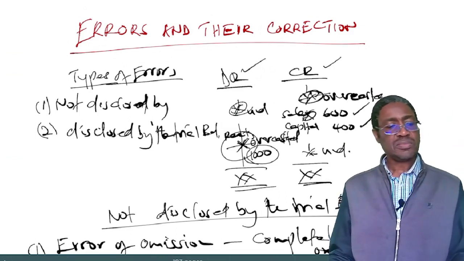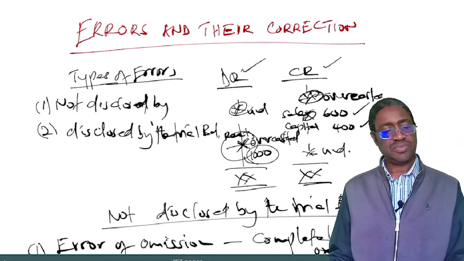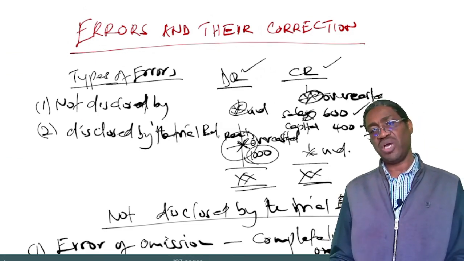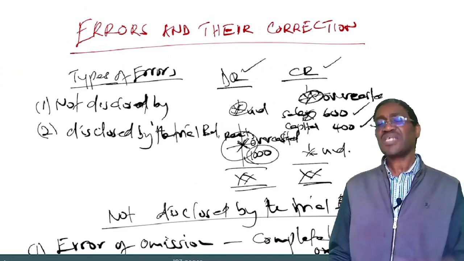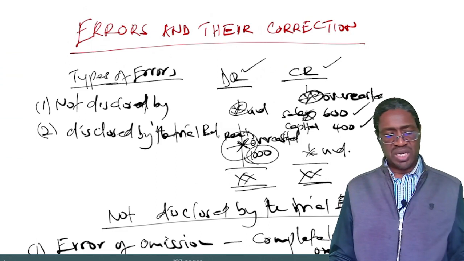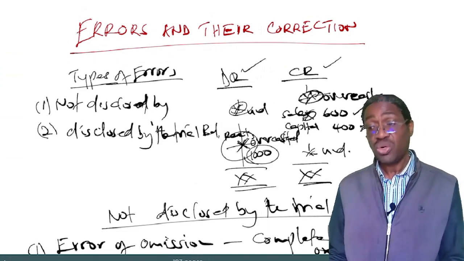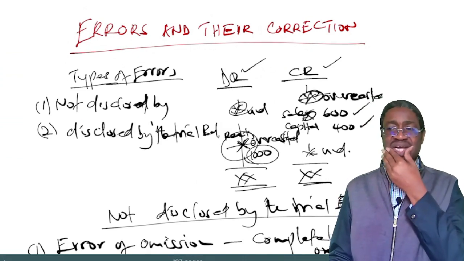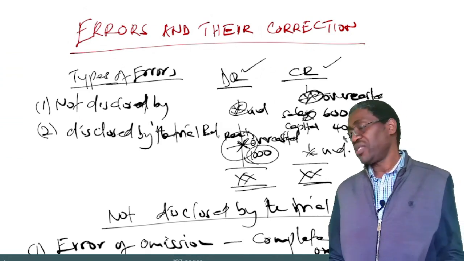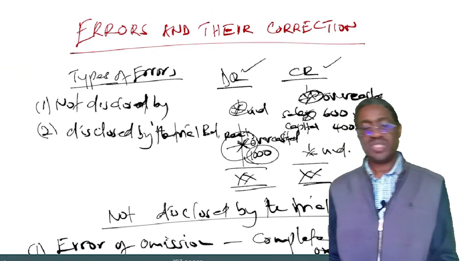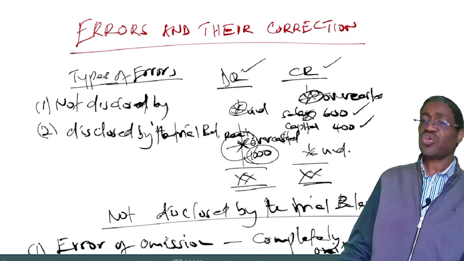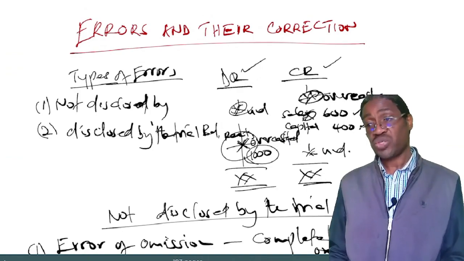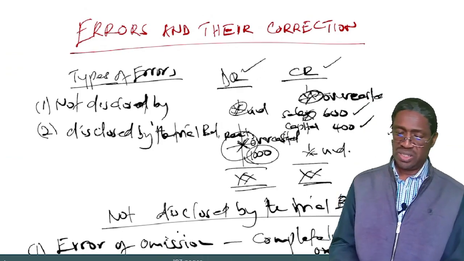Number one, errors that are not disclosed by the trial balance. Two, errors that are disclosed by the trial balance.